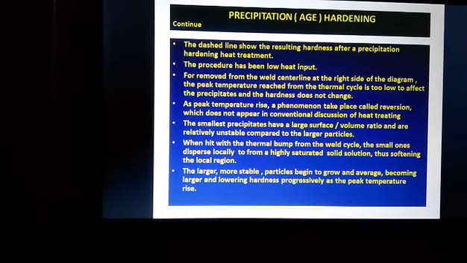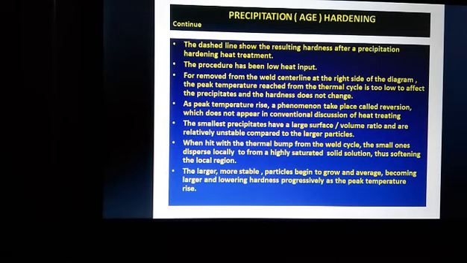The smallest precipitates have a large surface to volume ratio and are relatively unstable compared to the larger particles. When hit with the thermal bump from the weld cycle, the small ones disappear locally to form a highly saturated solid solution, thus softening the local region.